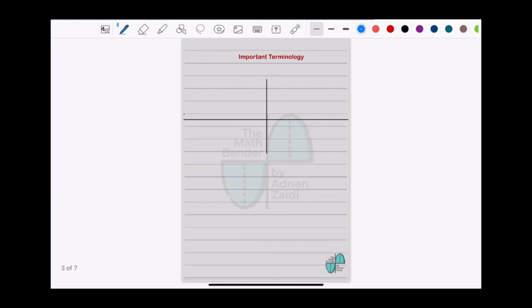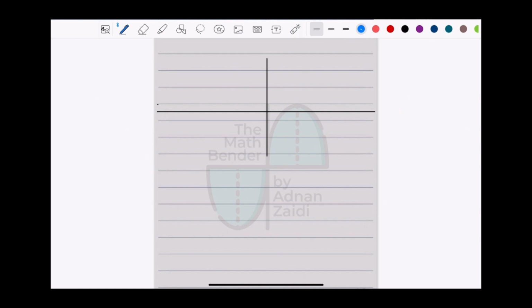So let's look at a comprehensive parent function here and its terminology. If I draw this, it will look like this. The asymptote line, and again the wave ends, another wave starts.